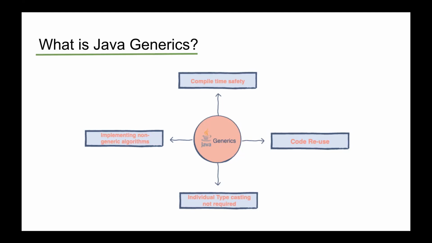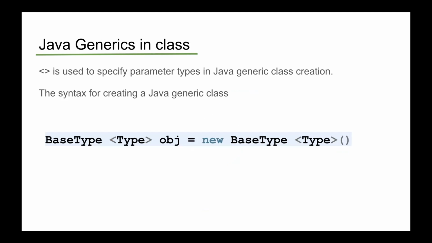Also, individual typecasting is not required here, the compiler will do the job for you. And also implementing non-generic algorithms, so using generics will allow this feature also. We will cover each of these features within our exercises and showcases.